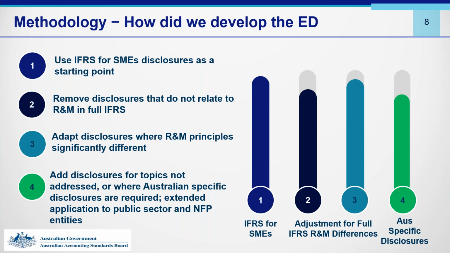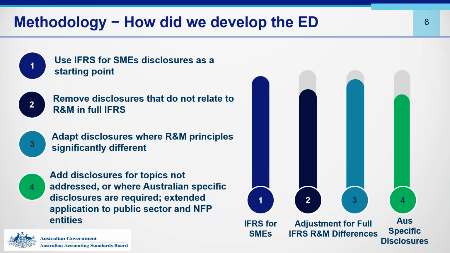We then had to look at where we had significant R&M differences. And the two most obvious standards were revenue and leases, the most recent standards. So what we did there is we looked at what's the ultimate outcome and what is recognized in terms of the recognition of items in the financial statements. For example, for revenue, while there are vastly different principles applied in revenue recognition, ultimately under IFRS for SMEs, you have revenue from the sale of goods, revenue from services, and revenue from construction contracts.